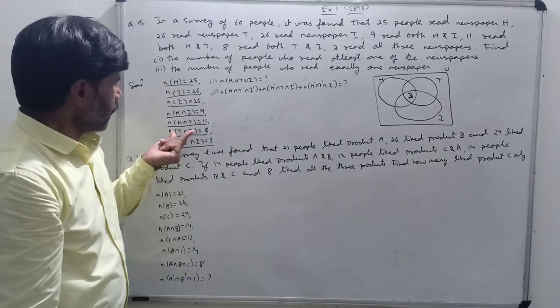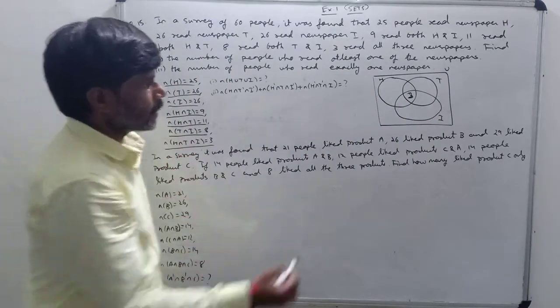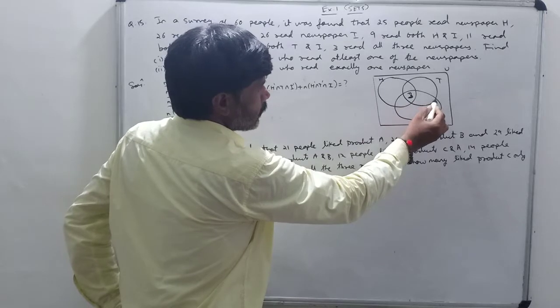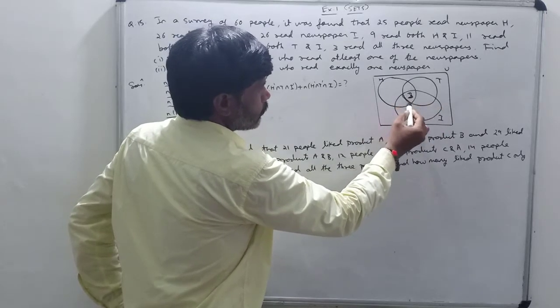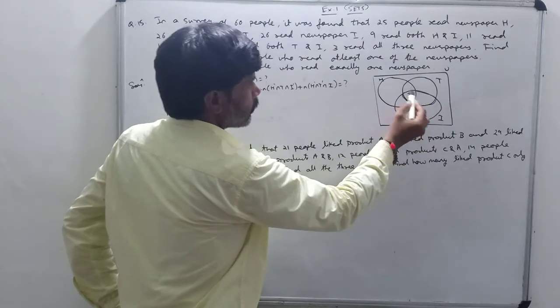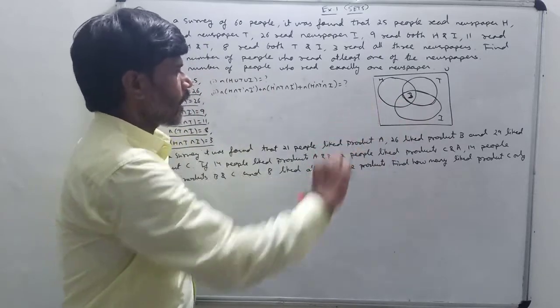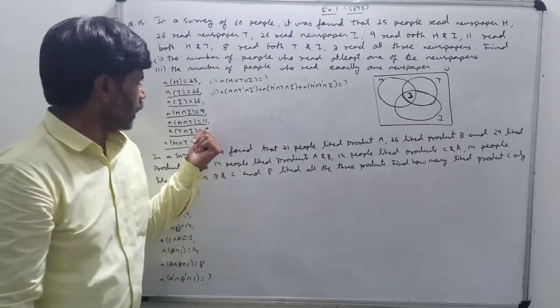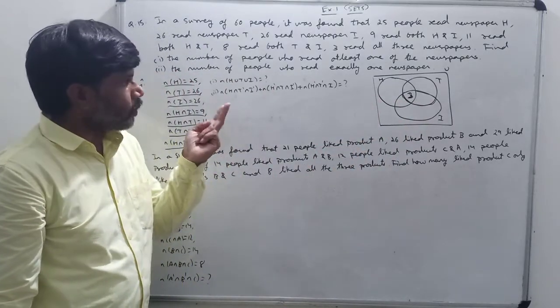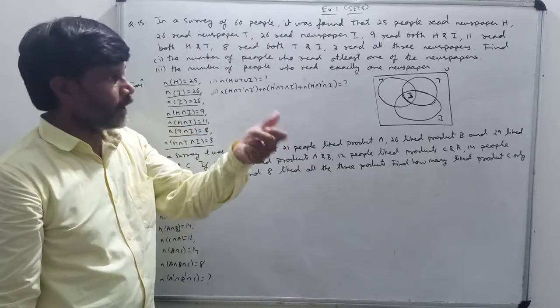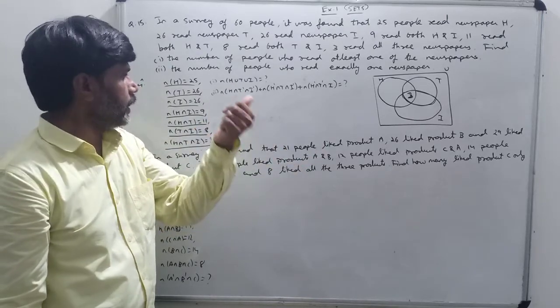Then you see N of T intersection I. This portion is T intersection I. Means people reading newspaper T also and I also. Here it is not mentioned that 8 are reading only T and I. So out of those reading T and I, they may be reading H also.